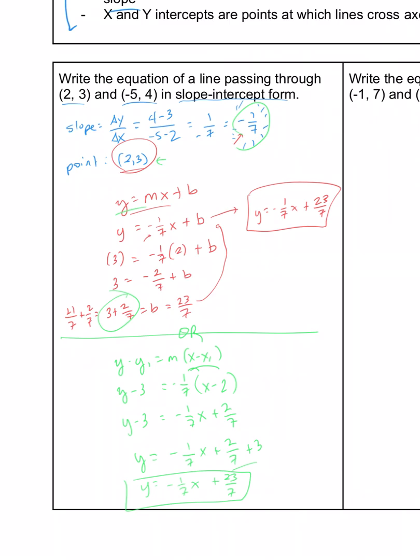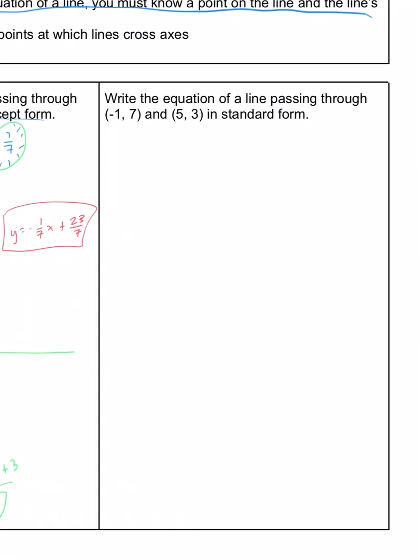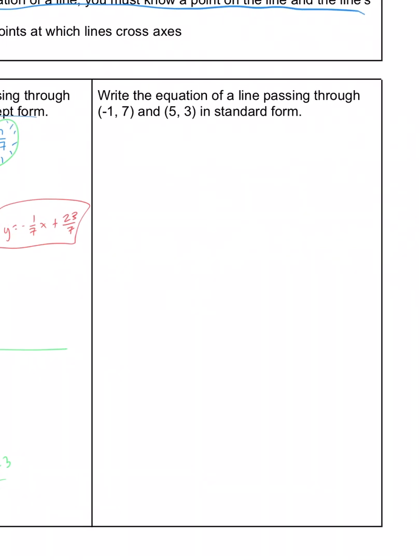All right, let's look at the problem over to the right. This time we're writing an equation of a line between 2 points in standard form. So whenever you're writing something in standard form, never go directly into standard form.